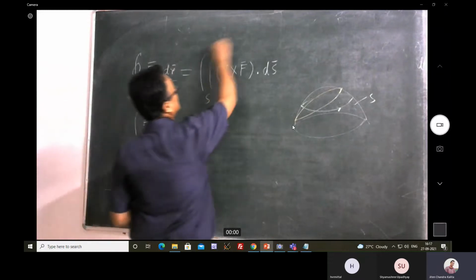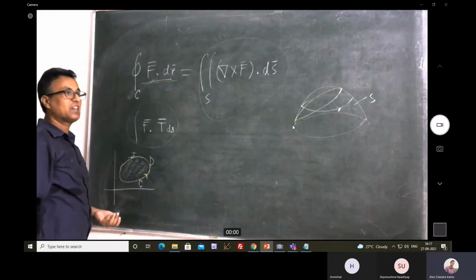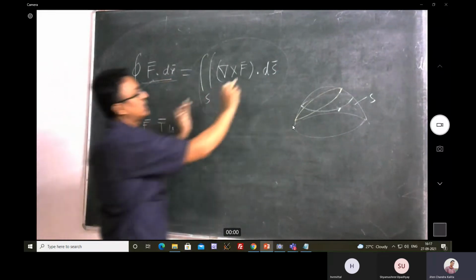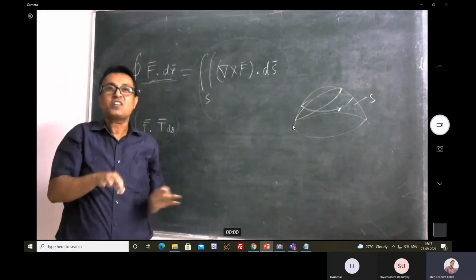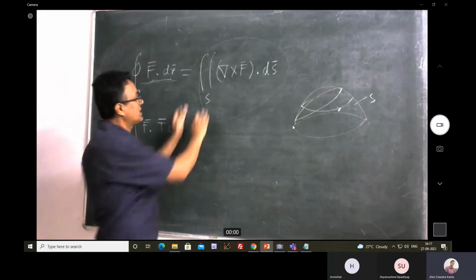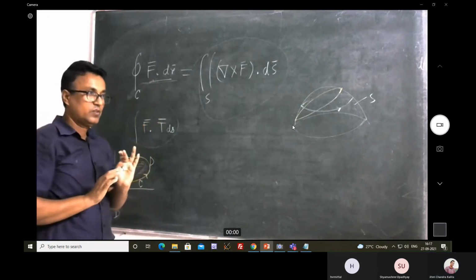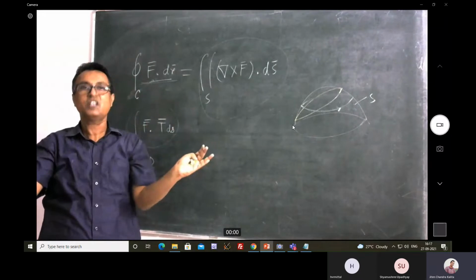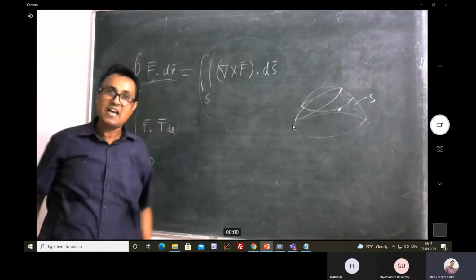Whereas this is along the normal direction. I mean, see, if I consider this surface to be a planar surface, so it is not lying in 3D space.